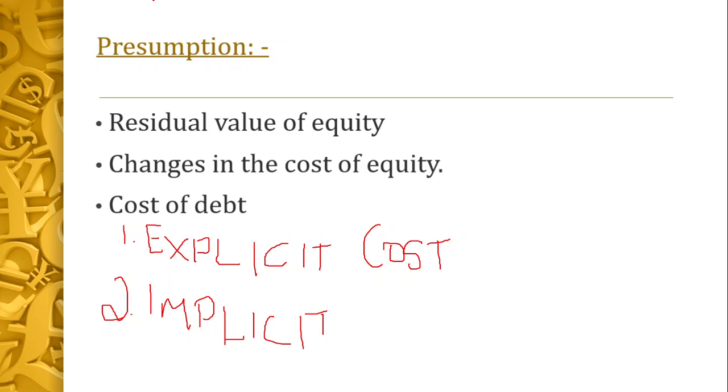Under weighted average cost of capital, the debt and equity portion which has the lowest weighted average cost of capital is considered to be the optimum capital structure.